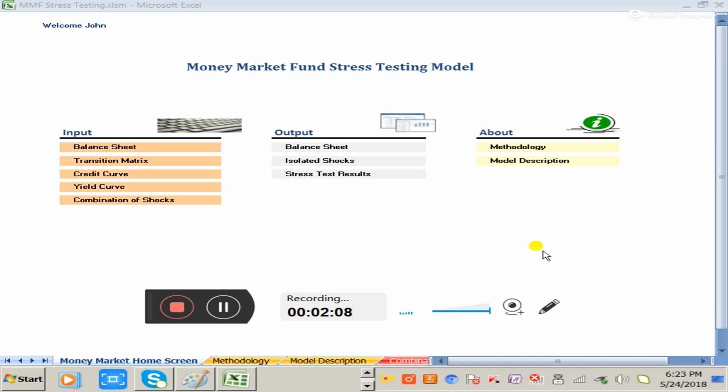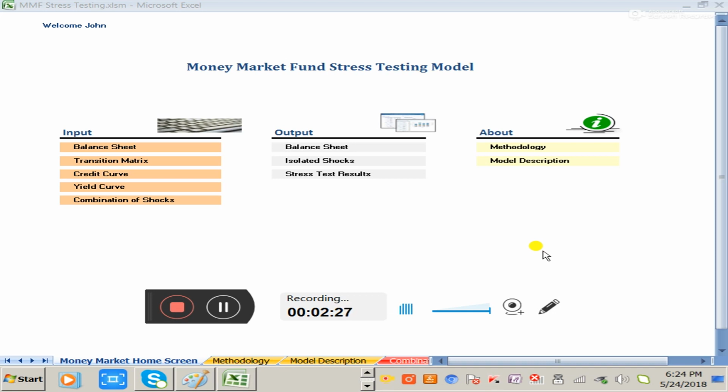Given these three areas of risk, where the investment portfolio of a money market mutual fund is going to be stress tested, the SEC mandated that such a thing happens on a quarterly basis or a yearly basis.